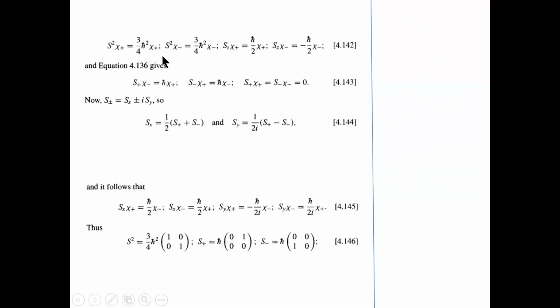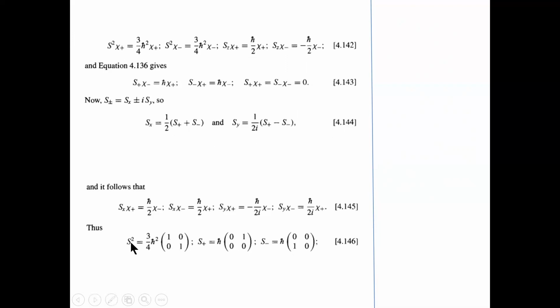Once you write out these equations explicitly, you can solve for the S square, S plus and S minus operators. This operator is nothing but a matrix.